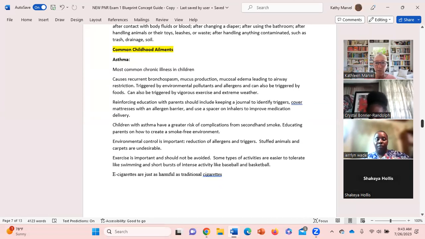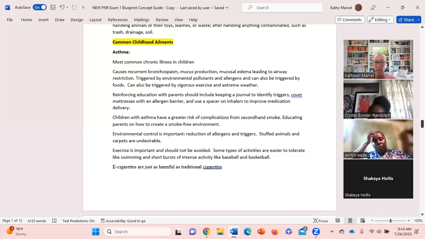So my suggestion is that you use this document for reviewing your common childhood ailments. If you go back to your notes, that's fine, but it's a much more extended version of each one. I've summarized the important points that you need to know about each one.